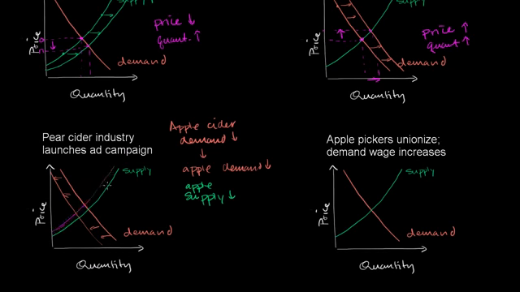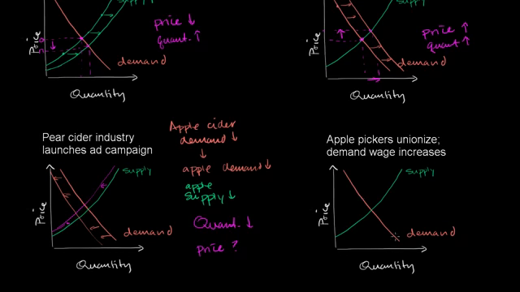So maybe the supply curve looks like this. Now once again, quantity definitely goes down. So in all of the scenarios, the quantity will go down. But I've just done 3 scenarios where the price could be neutral, the price could go up, or the price could go down. So you actually don't know what is going to happen to the price based on this. You would actually have to look at the actual curve and see what the new equilibrium prices are.